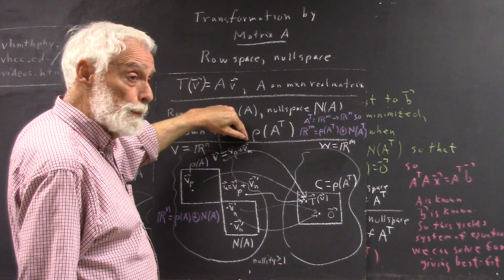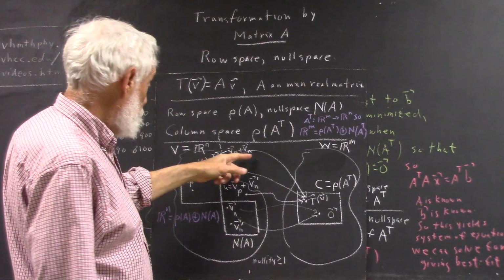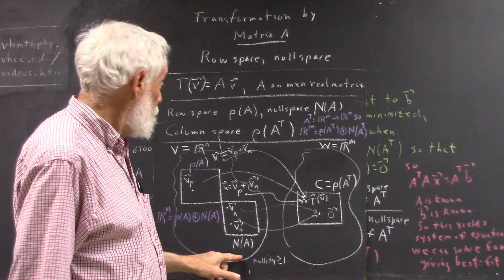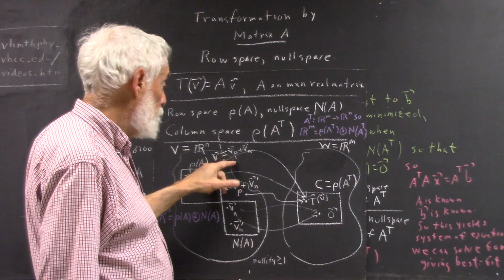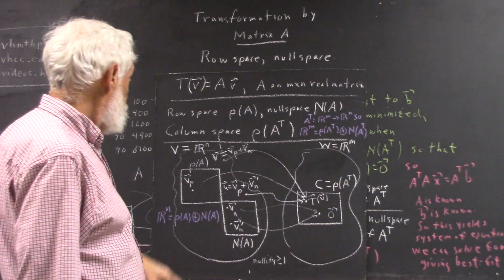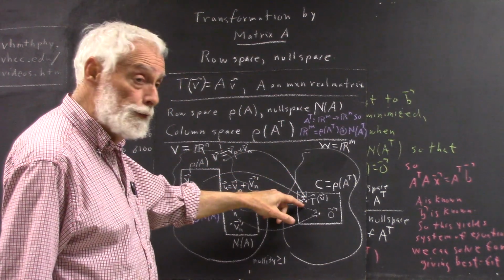The transformation applied to v_n is just what you get when you multiply A by v_n. v_n is in the null space of A, so T of v_n is going to be 0, and you're just left with T of v_row.